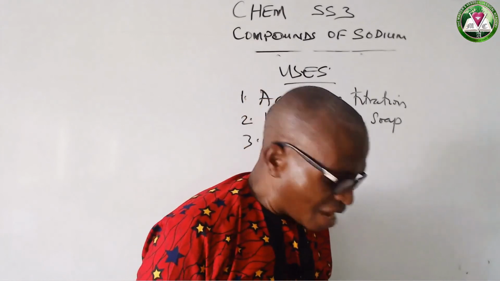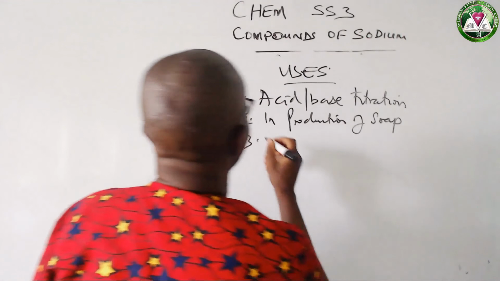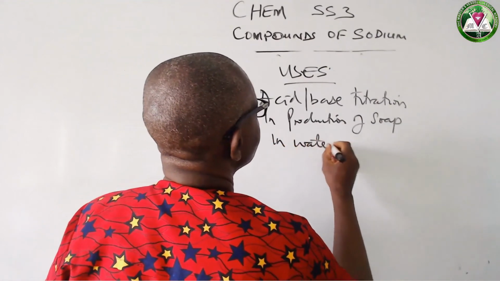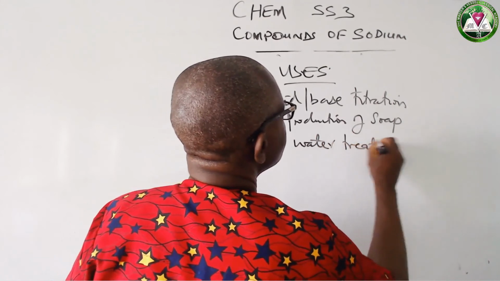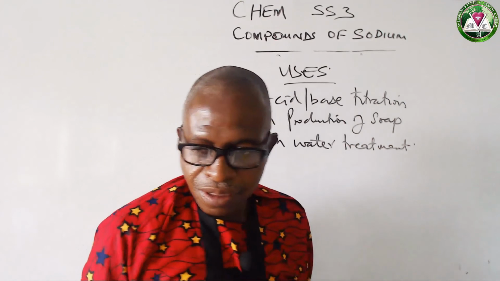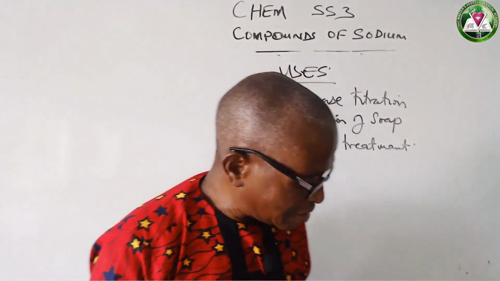When we did chemical industry, some of these uses are there. You can equally use sodium hydroxide in water treatment. It's used to remove both temporary and permanent hardness.